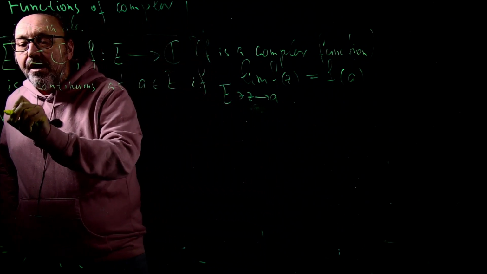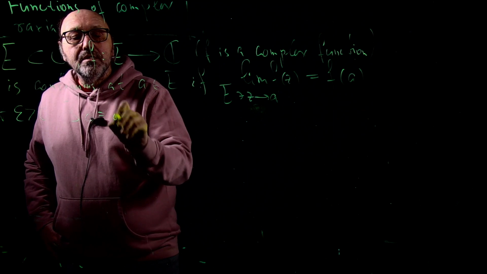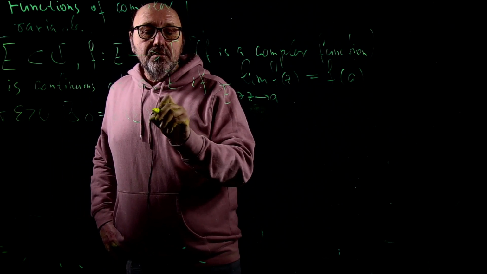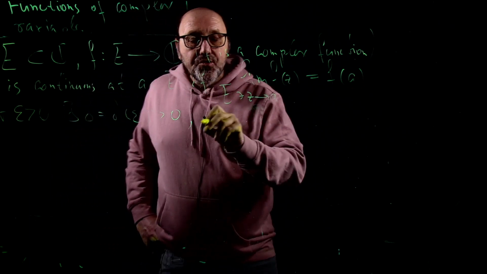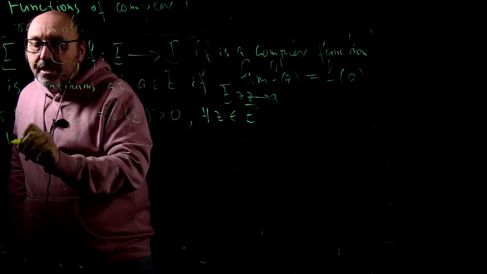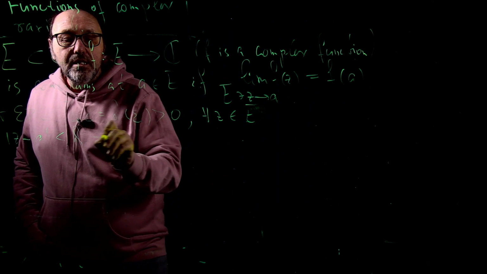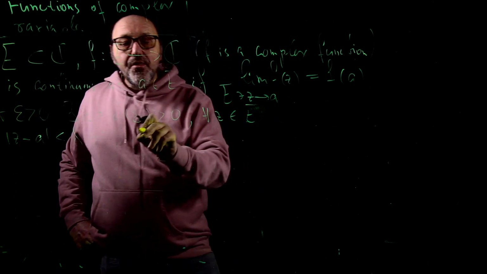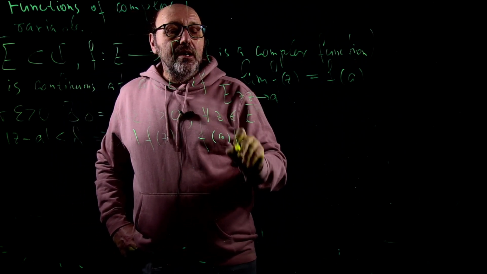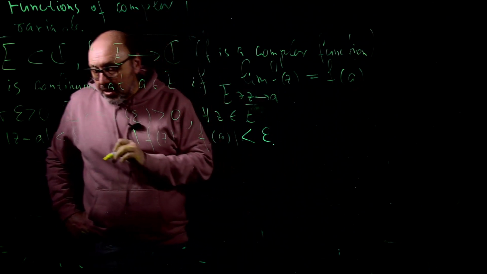This means that for every epsilon positive, there exists delta, which in general is allowed to be dependent on epsilon, strictly positive, such that for every z in E, the condition modulus of z minus a smaller than delta necessarily implies that modulus of f of z minus f of a is smaller than epsilon. So this means the continuity.